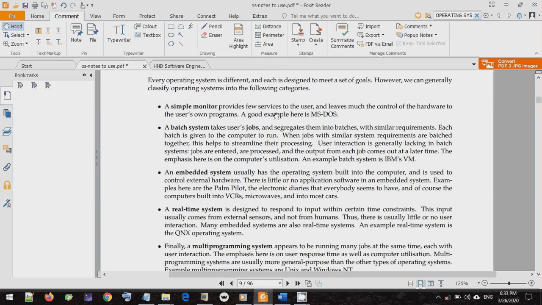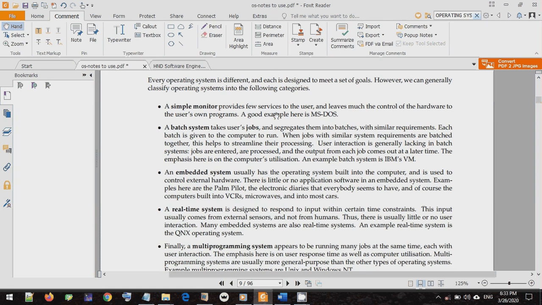Next, we have the batch system. The batch system takes user jobs, segregates them into batches with a similar requirement, and then each of these batches is given to the computer to run. When these jobs with similar requirements are batched together and given to the computer to run, it streamlines their processing and increases the processing speed.